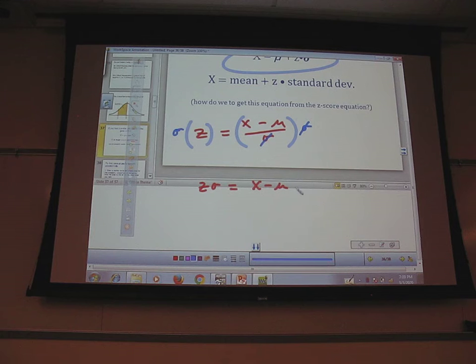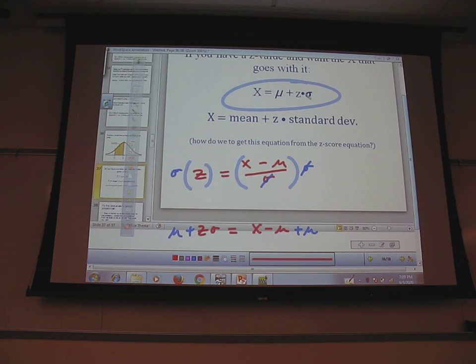And then I can just add mu to both sides. And then I get mu plus your z-score times your sigma equals your x value. It's just a rewriting of that same thing. Okay, so your x value is whatever your mean is, and then you add that many standard deviations. If it's negative, then you subtract that many standard deviations.